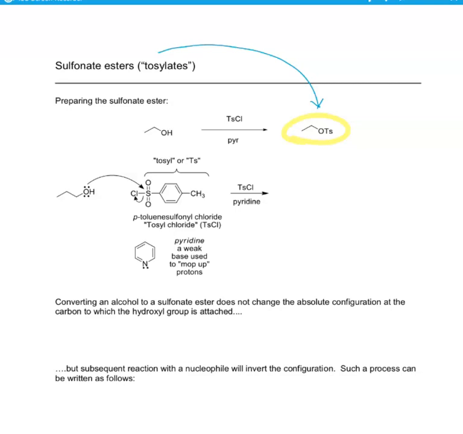So what goes on in the reaction is that when you combine an alcohol with tosyl chloride, the oxygen in the alcohol is going to attack the sulfur and displace the chlorine. So as the result of that, you'll get a structure that looks like this.